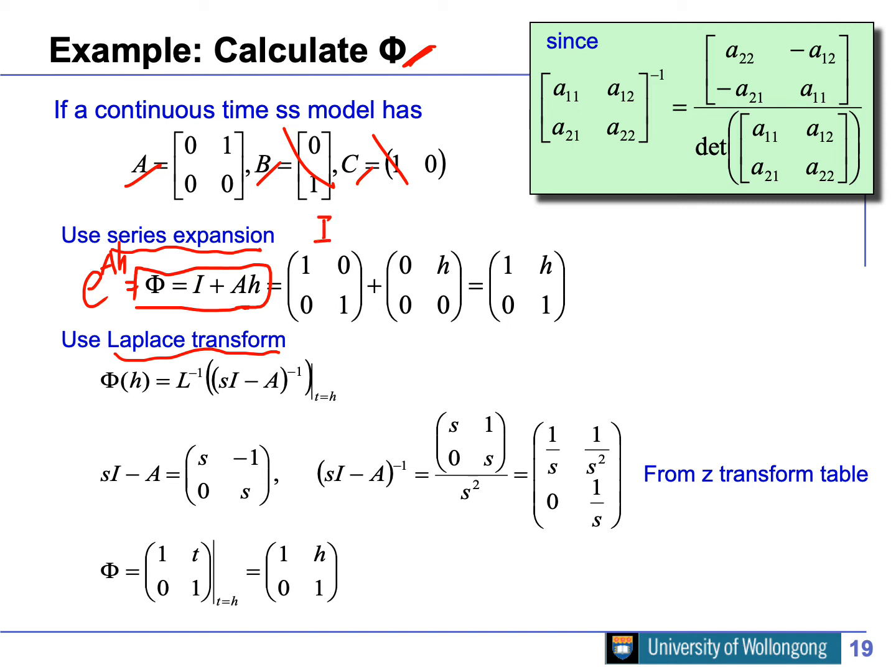I is just trying to match the rank of A. In this case, A is 0, 0, 1, 0, very simple. A multiplied with H. H is only a number, so AH is H multiplied to everything, because the other ones are 0, that's just only 1 at this position. Then add them together. This is our phi.